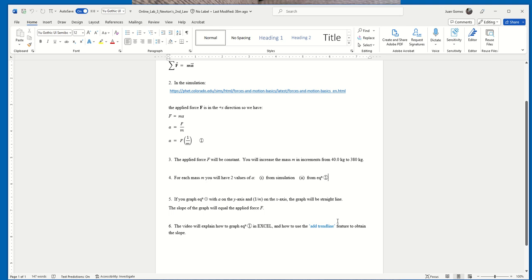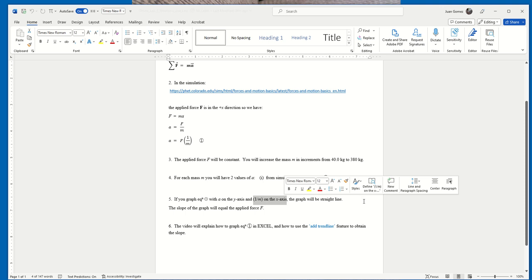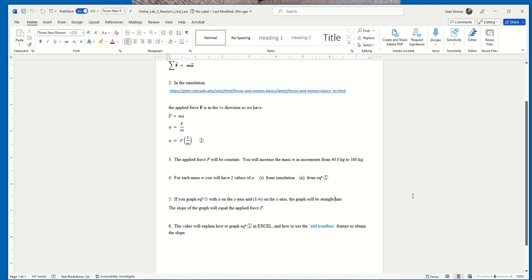So a goes on the y-axis, and 1 over m is on the x-axis. That's standard. Well, when you graph a versus 1 over m, that graph is going to be linear, which means that the slope of that graph should equal the applied force F.